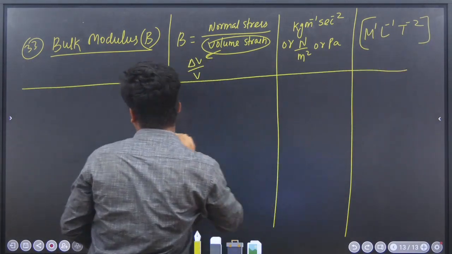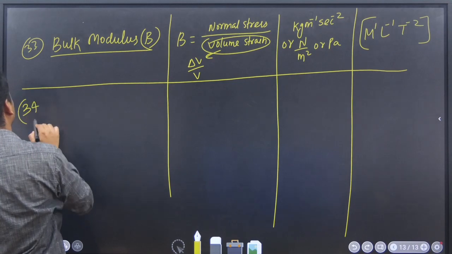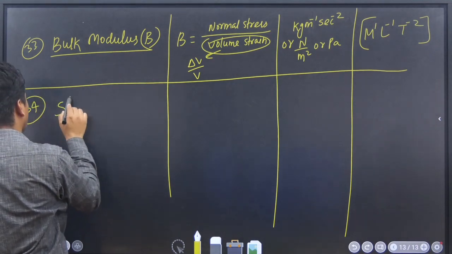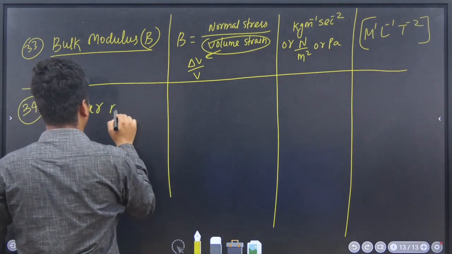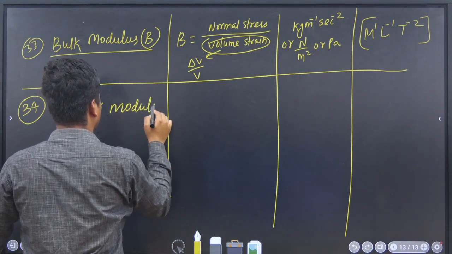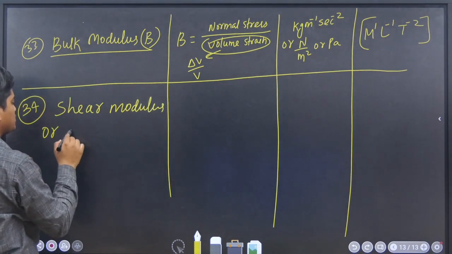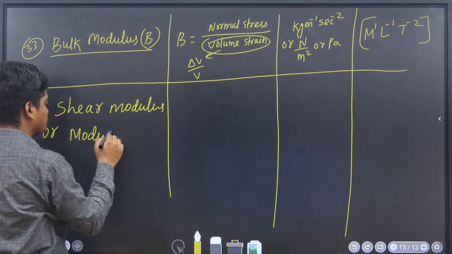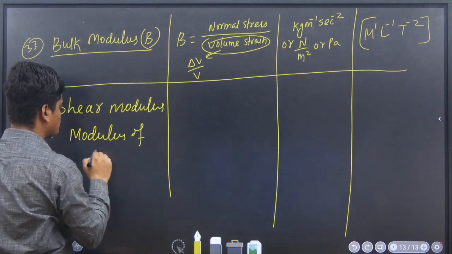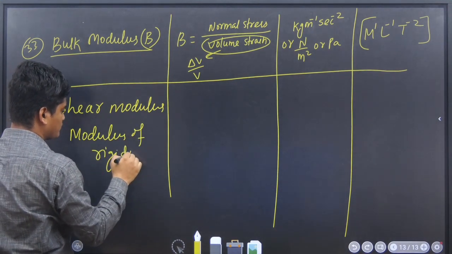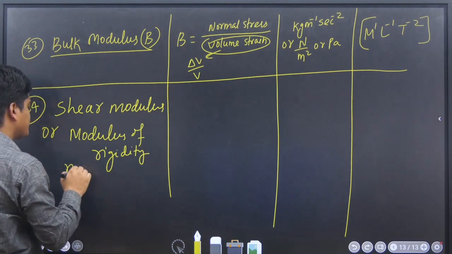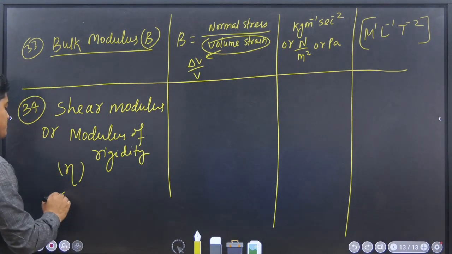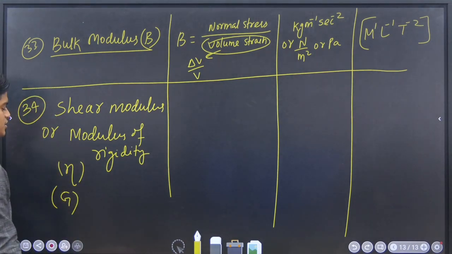Now we will understand 34. Shear modulus, also called modulus of rigidity. You can give the symbol eta, or sometimes capital G, no issues.